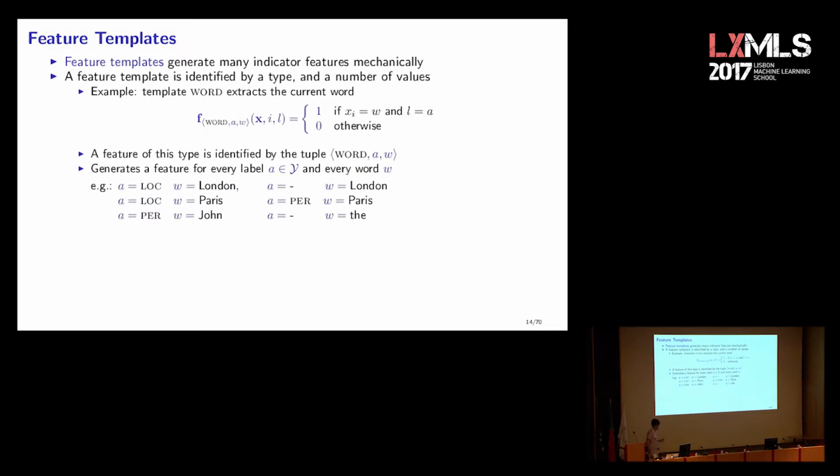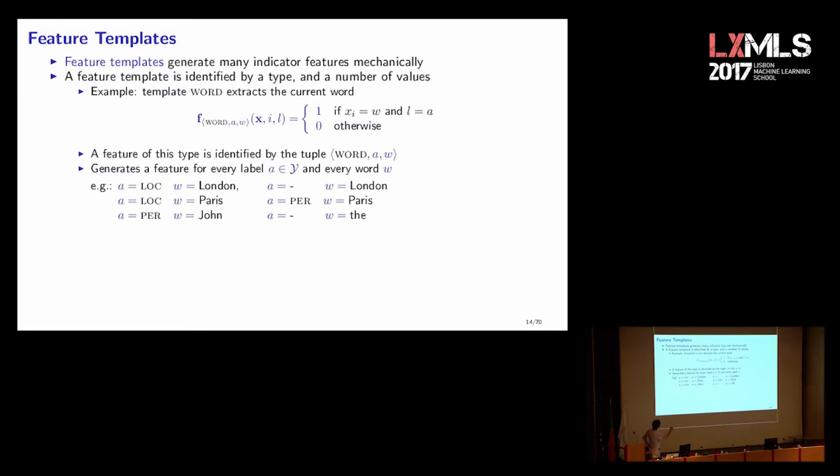We use the notion of a feature template. A feature template is nothing more than what I just described: a method that generates indicator features in a mechanical way, such that with a very simple description language, you can describe the data in quite rich ways. It's rather simple, but it's just a construction.